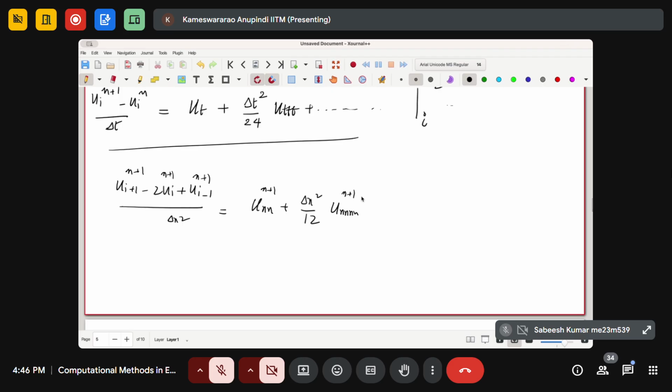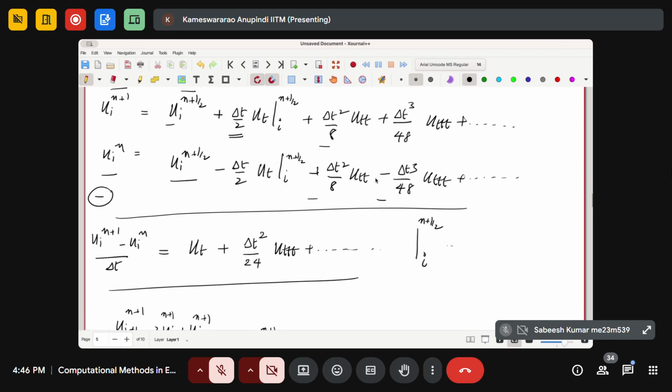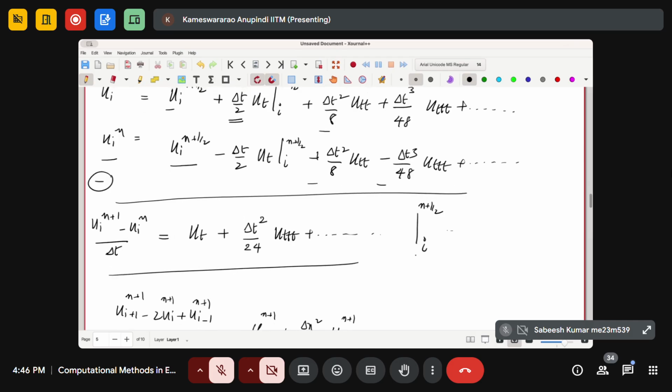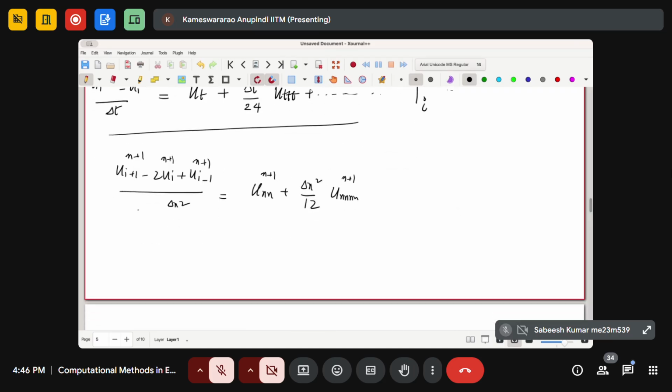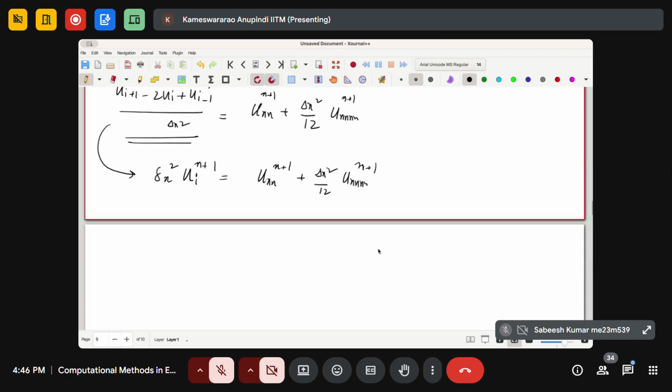But then to be able to put into one equation, we want everything to be at n plus half instead of at n plus 1. So that means I can simply write, a short form, this is delta x square operating on u_i at n plus 1. Instead of rewriting this, I'm writing this expression. This is nothing but u_xx at n plus 1 plus delta x square by 12 u_4x at n plus 1. But then I want to now expand each of these terms about n plus half.